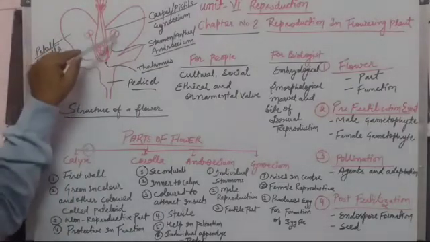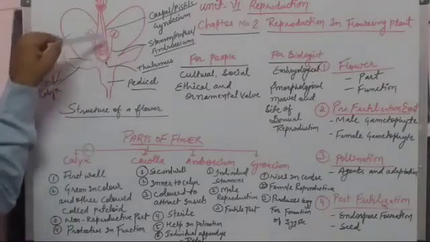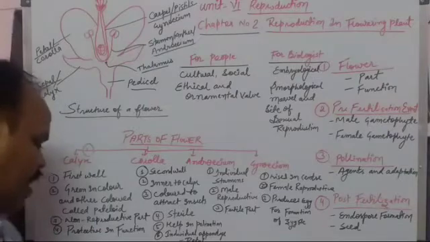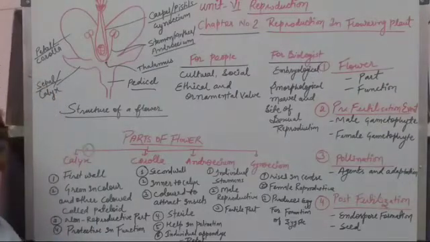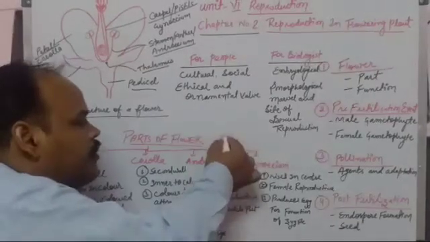Now the next is the stamen. The stamen has an anther and a filament. Here you can see the structure of the androecium.